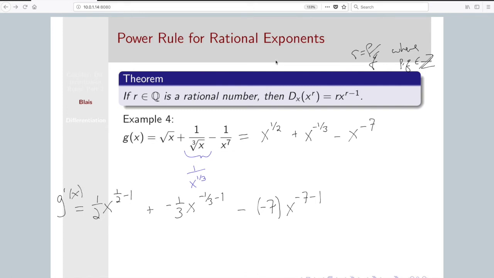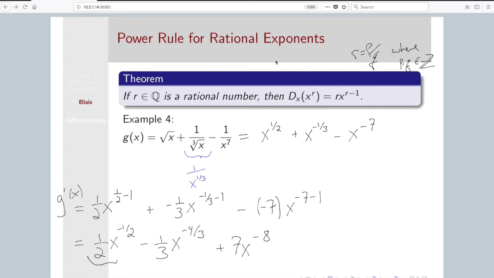Now we simplify. 1/2 minus 1 is negative 1/2. Then we have minus 1/3. Negative 1/3 minus 1 is minus 4/3. Then we have a minus minus, so plus 7x to the minus 7 minus 1, which is minus 8.